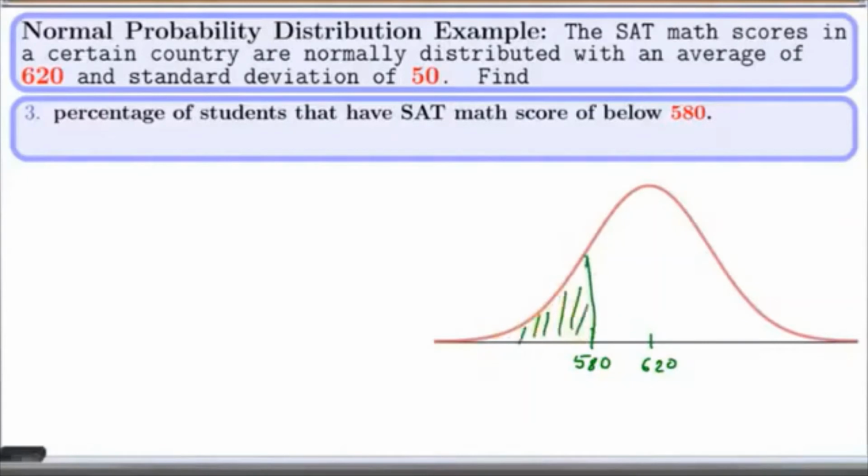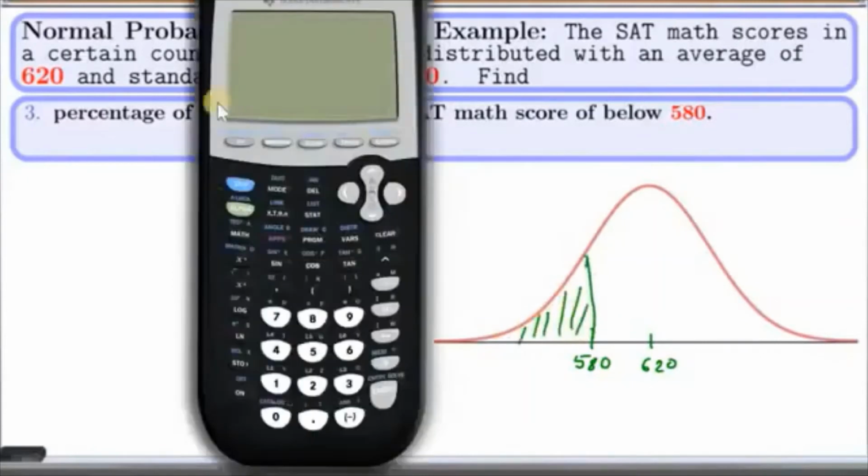Let me show you how to find this area in a calculator. For that, go to second distribution, then we'll be using the normal CDF function, then hit enter. Let me clear what I have on the screen. Looking at the diagram, for your lower value, it will be a large negative number. So for this one, I will be using negative 10,000.